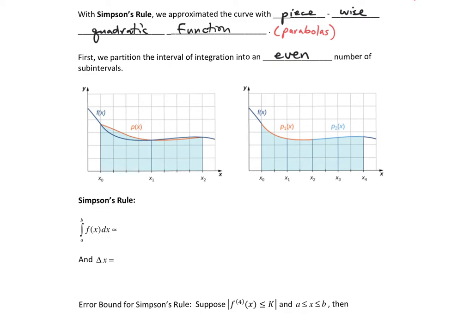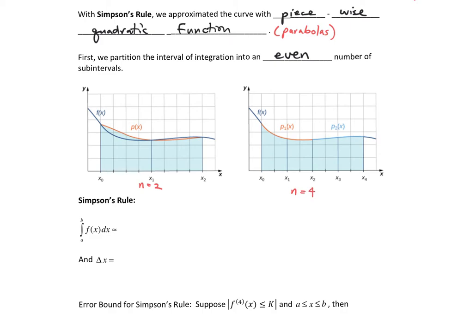In this case, my n is equal to 2. In the example on the right, we have 1, 2, 3, 4 partitions. So we have 4 pieces there. Our n is equal to 4.